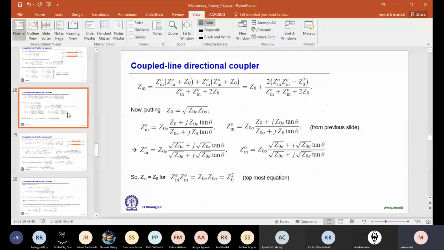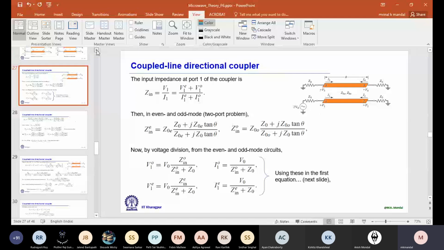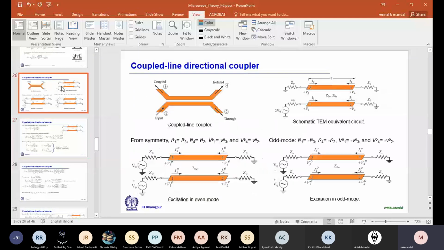Okay, here is one more example. Finally, how we add them using current voltage concept. If time permits, we can cover this part. So these are directional couplers using coupled lines, and then it will be clear to you. We use the same condition here. You can check. This is the original coupler, and now we excite this circuit in even mode and this one in odd mode.